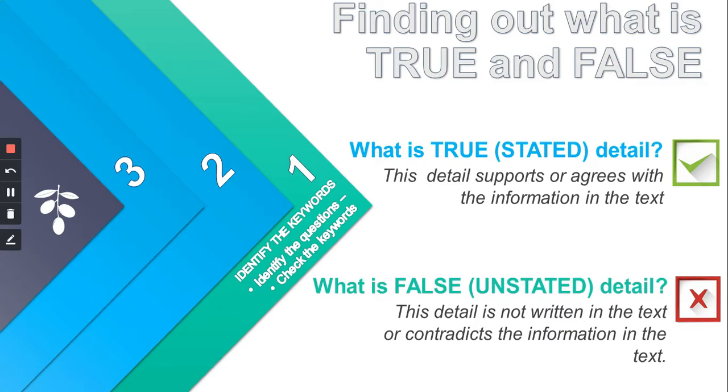And then for unstated detail, biasanya pertanyaannya ditandai dengan kata not mentioned, not stated, atau except. For example, what is not mentioned about the types of natural resource management? Or the following is included in the natural resource except. Okay, so these types of questions have different framing atau different characteristics.